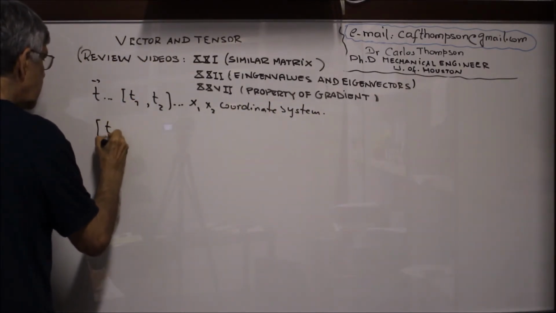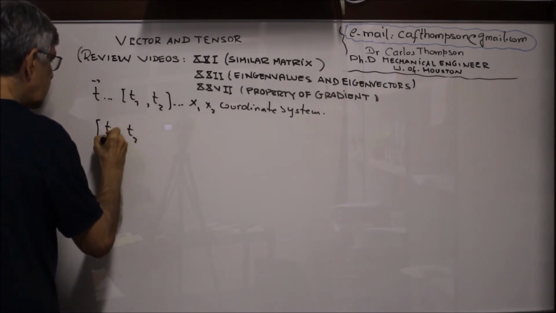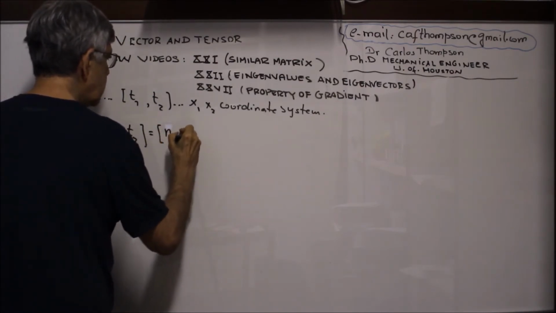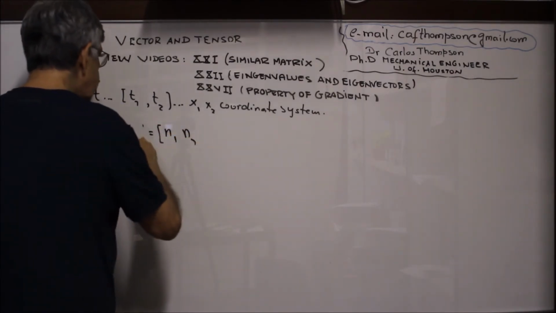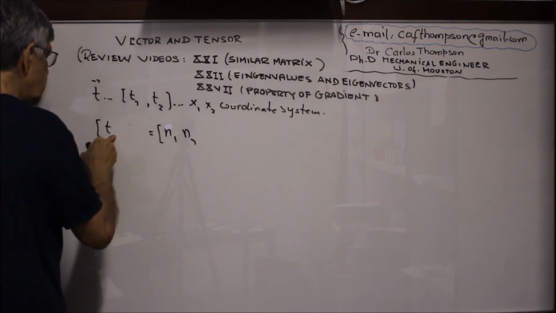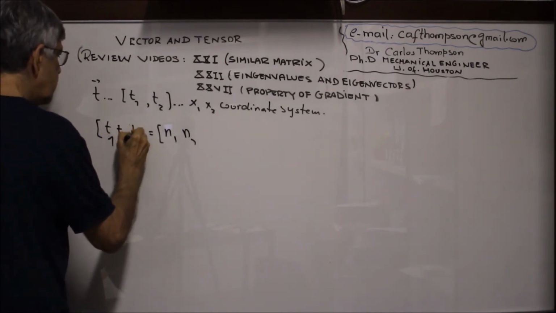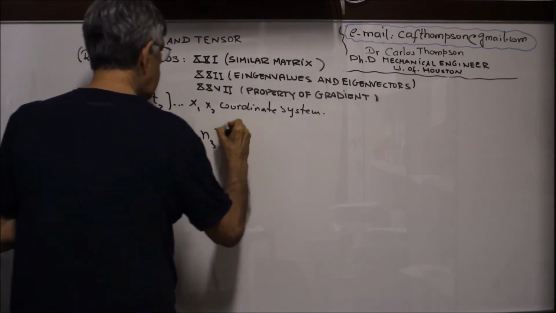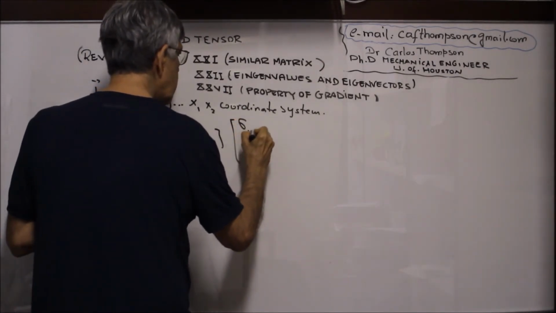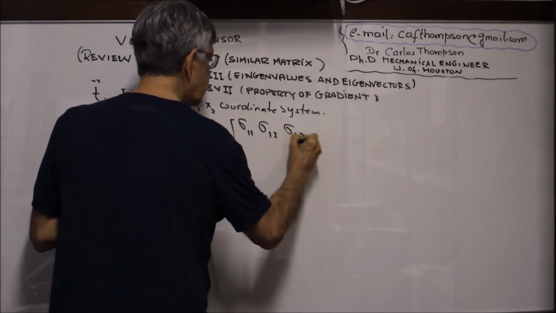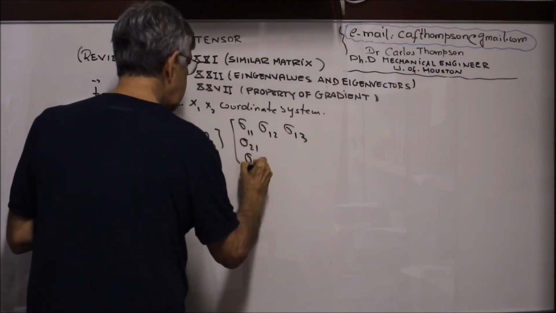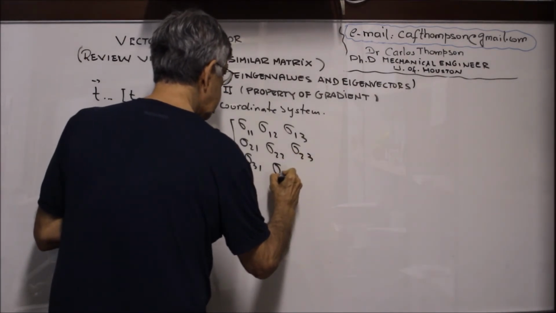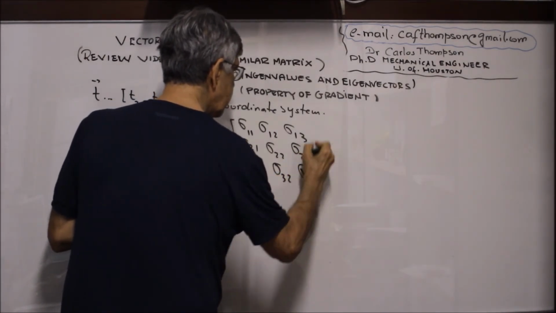So T1, T2 is equal to N1, N2. Let's work in three dimensions. See, this is an observation here. T1, T2, T3 equals N1, N2, N3 times the matrix sigma 11, sigma 12, sigma 13, sigma 21, sigma 22, sigma 23, sigma 31, sigma 32, sigma 33.